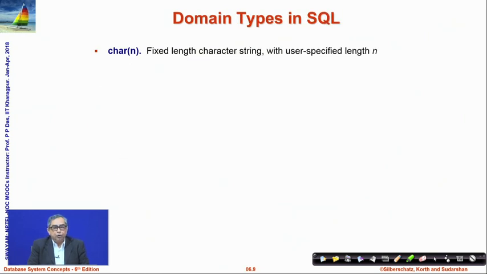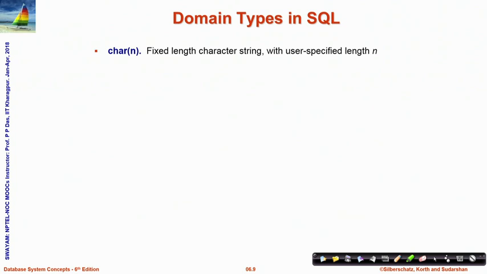First, the domain of possible values. We have already specified that every domain in SQL is of an atomic nature. So, they are more like the primitive or built-in data types of languages like C, C++, Java. The common domain types are character, which are basically strings of characters having a certain length.